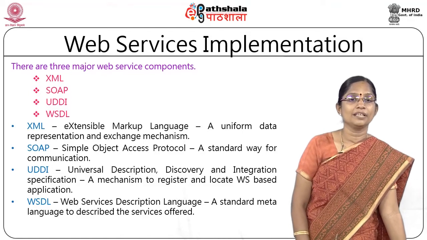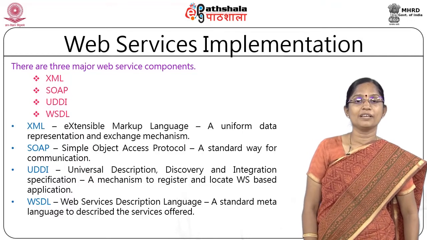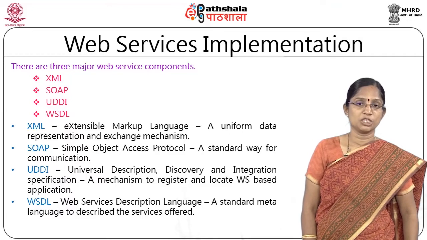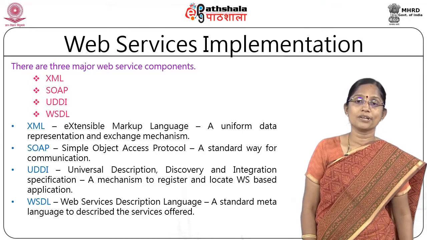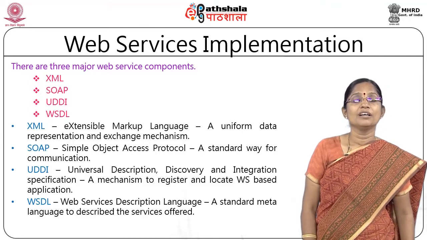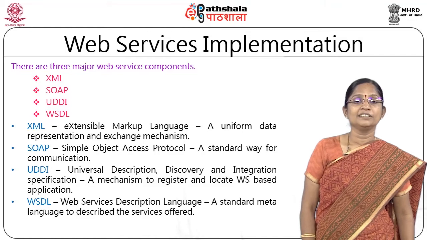Next comes UDDI. UDDI stands for Universal Description, Discovery and Integration Specification. This is a mechanism, or UDDI is of course called a registry, which is used to register the web services that have been created and to locate the web service based application. Then the third one comes WSDL. People call it WSDL.